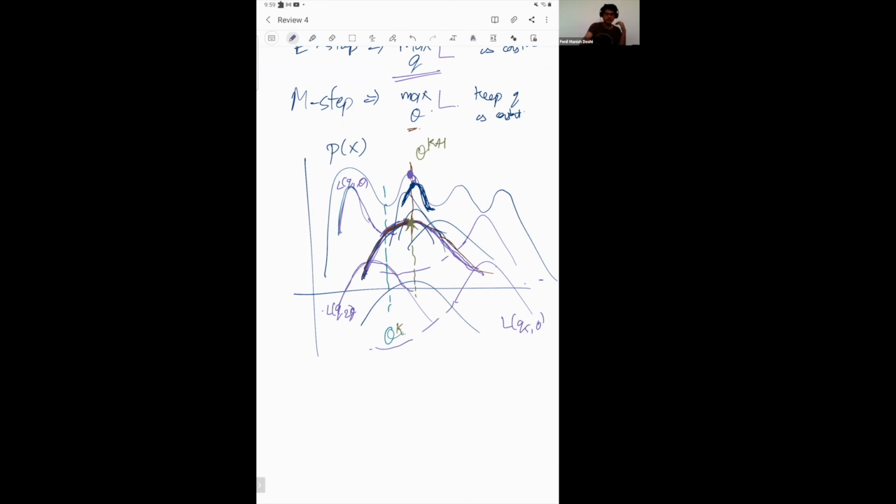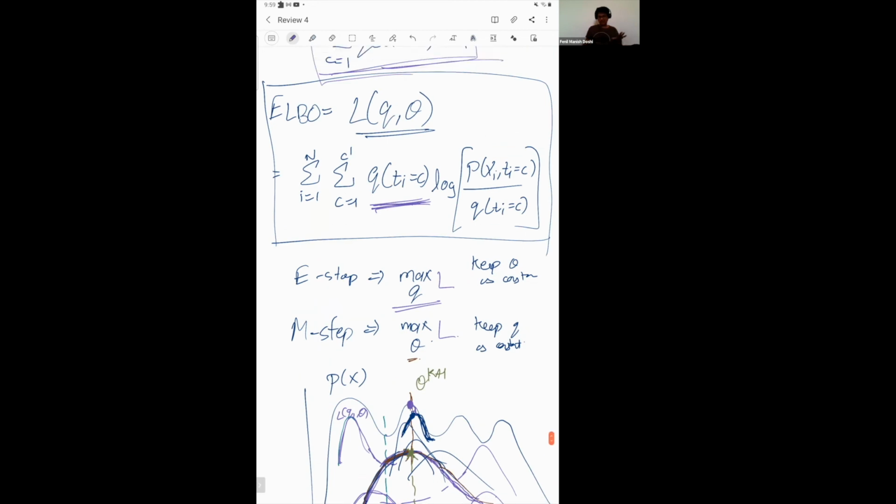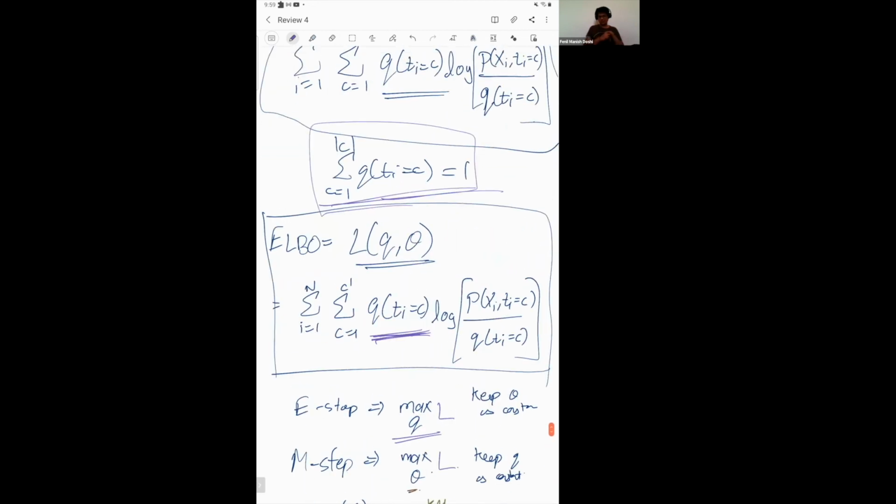Can you repeat a bit? I think your audio got lost in between. Sorry, yeah. So currently we have made no assumptions. We are not trying to make q similar to anything. We have just introduced q to be.